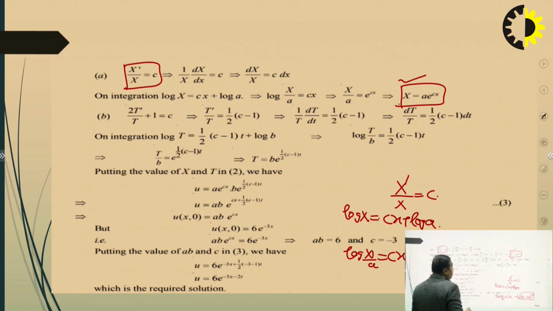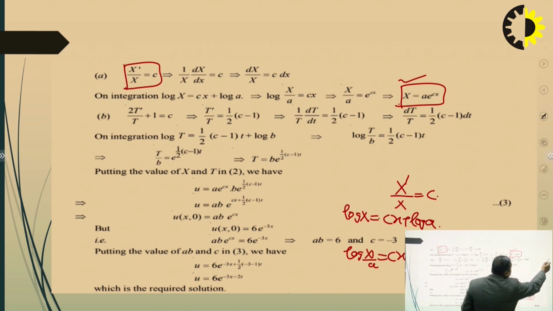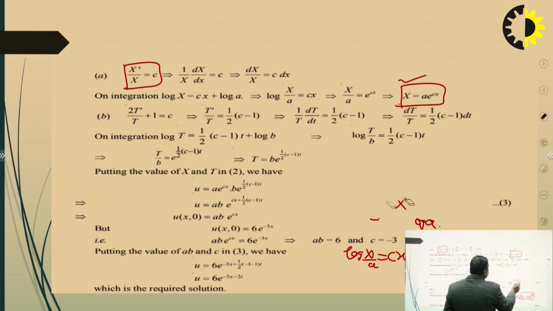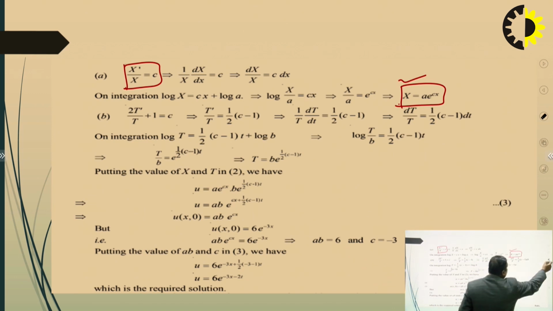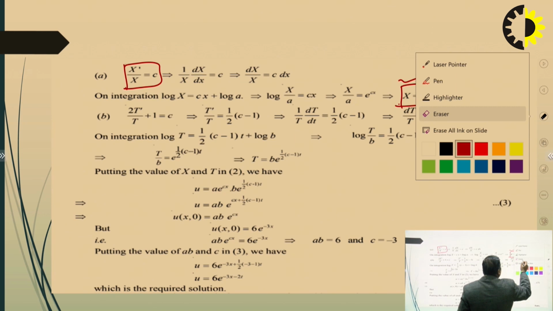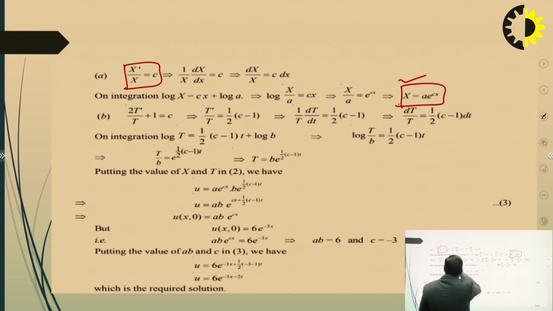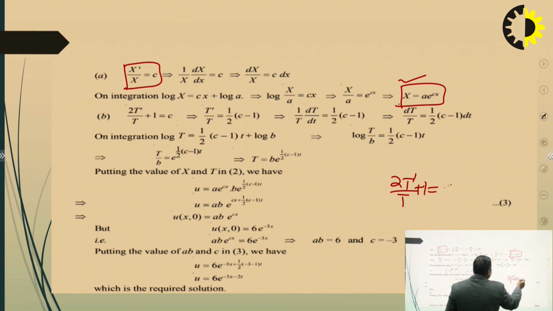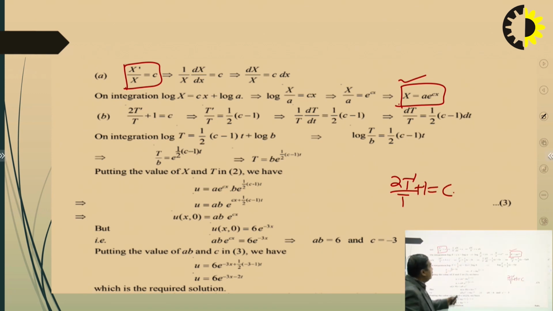Now again, in another way, we shall calculate T. 2 T dash upon T plus 1 equals c. Now T dash upon T equals c minus 1 upon 2.